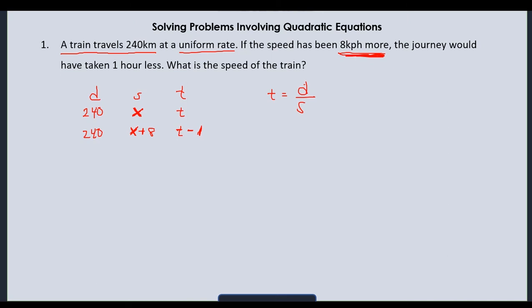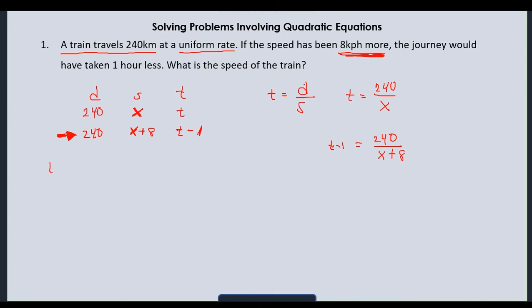Now, let's try for this first column, 240, x, and t. Substituting, for the time we have t equals 240 over x. For the next equation, we have t minus 1 equals 240 over x plus 8.